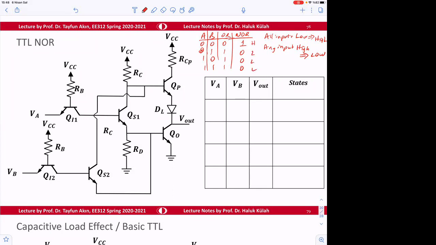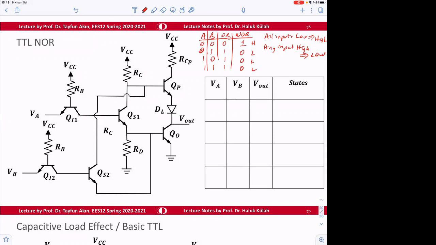So let's look at what happens here for different cases. Analyzing everything at once here will be difficult, so I'll try to do some coloring so that maybe you can differentiate.